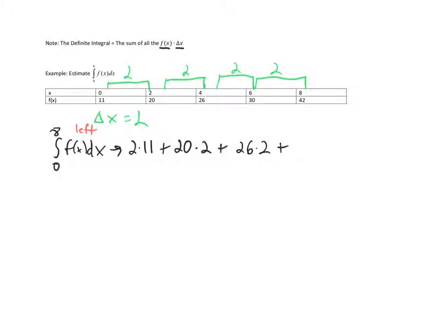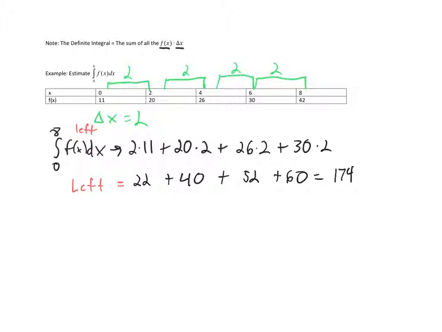So 26 times 2. And then from 6 to 8, we're going to assume the function's height is 30. So 30 times 2. So I'm going to guess my left-hand sum equals 22 plus 40 plus 52 plus 60. I'm going to guess that the left-hand sum is 174.